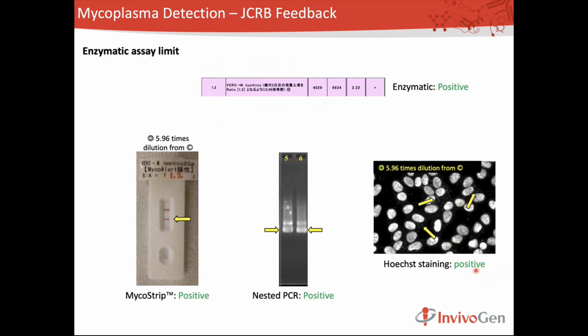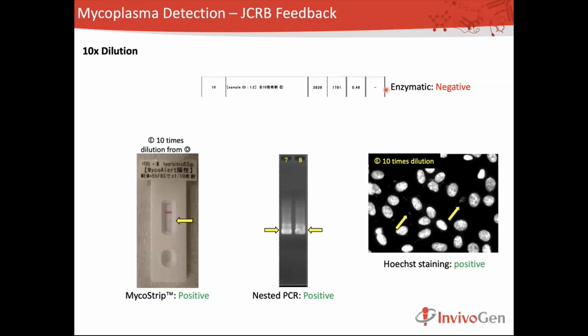Now here comes the real deal: the enzymatic assay limit as the standard. Of course, it can be detected by the enzymatic assay. MycoStrip also shows 2 bands, positive. Nested PCR, positive. Hoechst staining, positive. All pass, so we move to the next step, the 10-fold dilution.